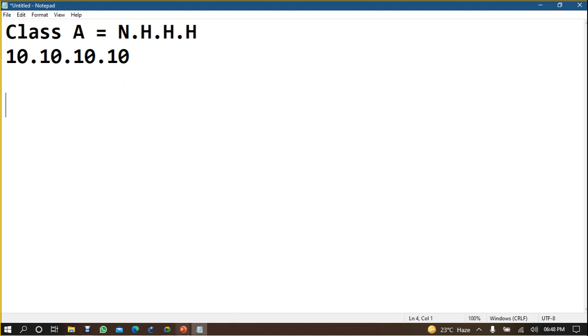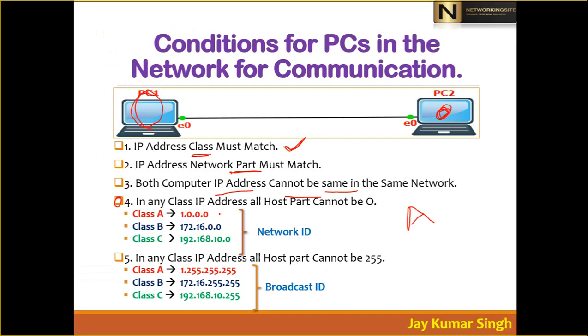But now I'm telling you, understand this condition. If you are talking about a correct IP address, in any class, whenever you are using an IP address, you cannot use all 0 in the host part, and you cannot use all 255 in the host part.